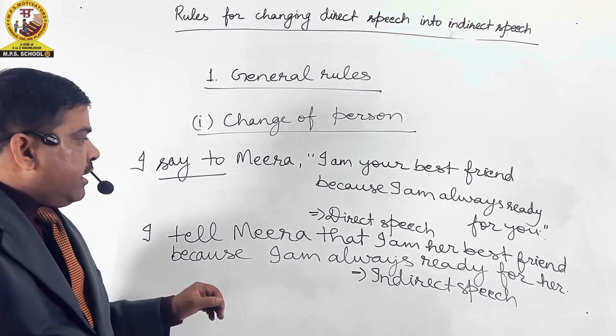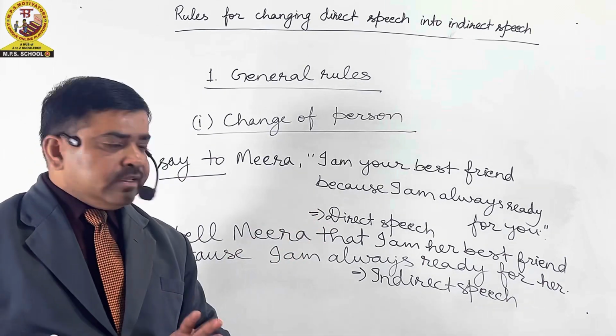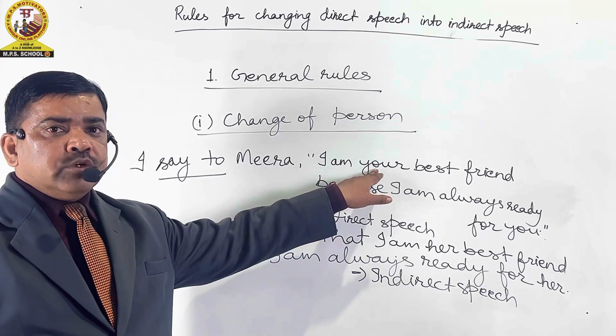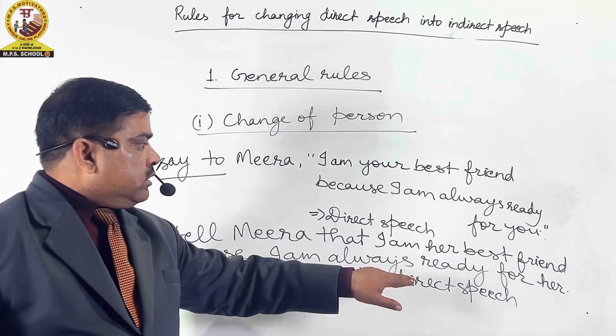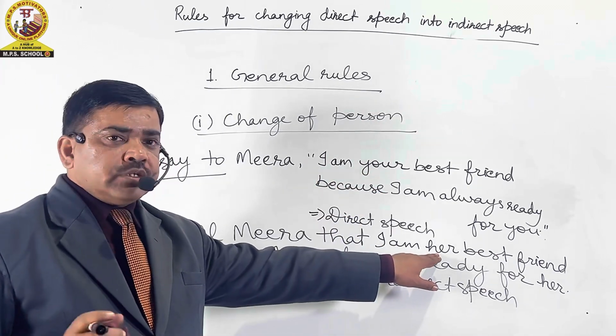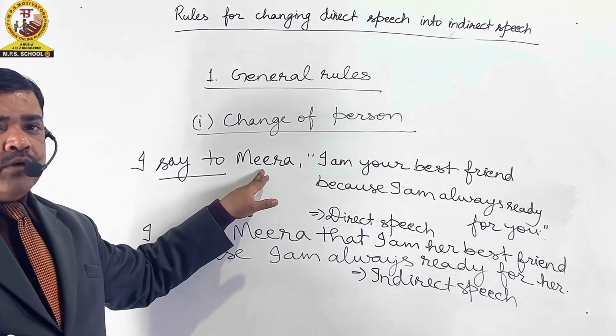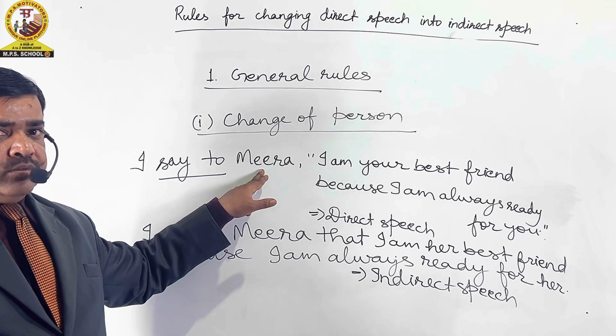So the next change that we notice here is her. In direct speech we have used your, but in indirect speech we have used her because the second person changes according to the object of the reporting verb.